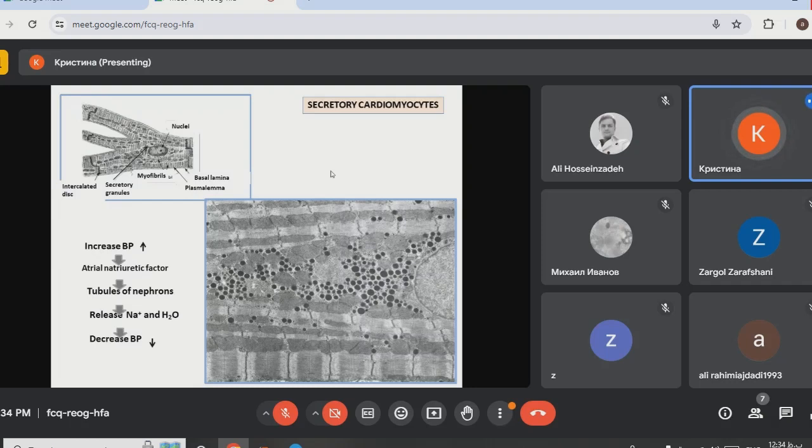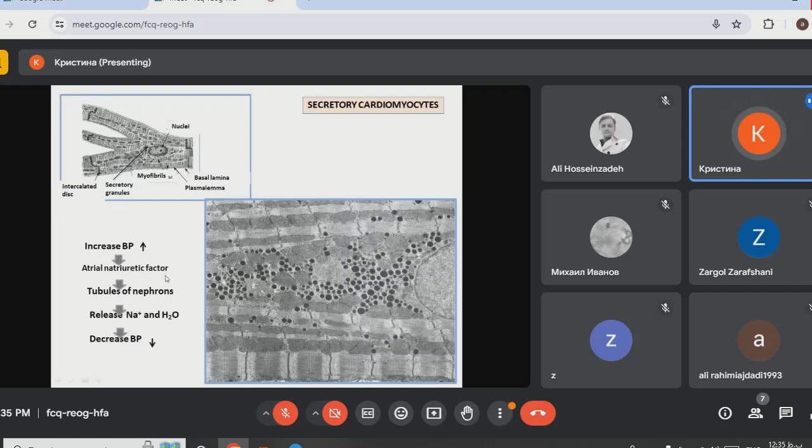So then the cells which are located in the atrium feel this increased blood pressure, and they start to release this substance, atrial natriuretic factor, in the case of increase of blood pressure.